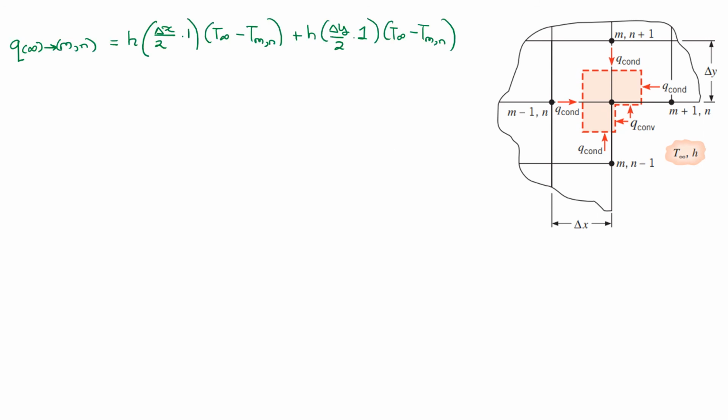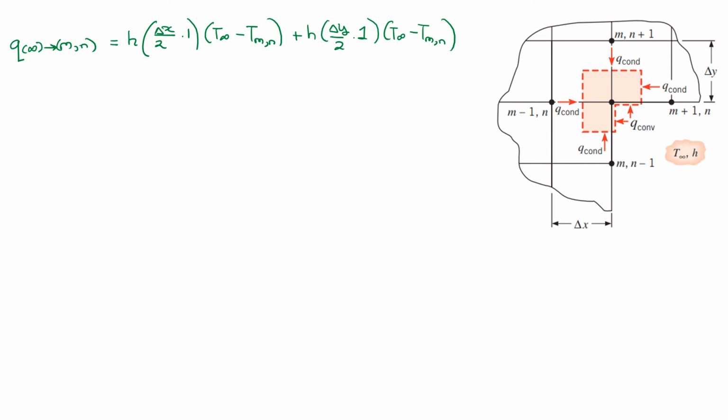So our convection term q infinity to m comma n will be h. This is nothing but we'll use our Newton's law of cooling, let me use the red pen.